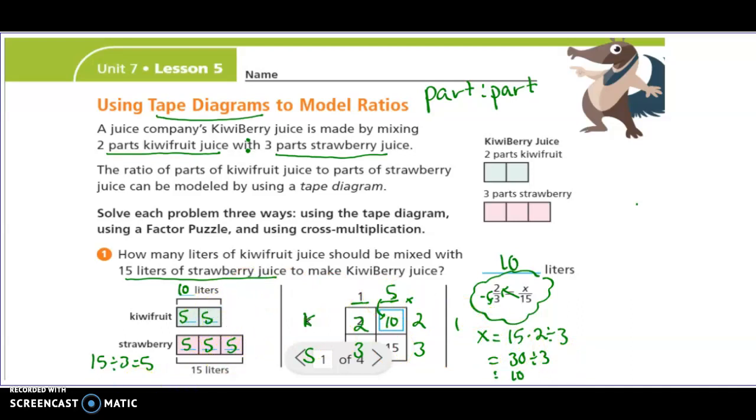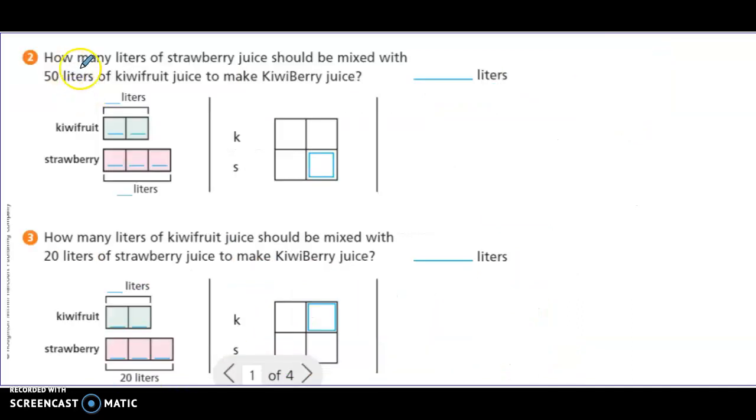We'll do another example. Okay, how many liters of strawberry juice should be mixed with 50 liters of kiwi fruit juice to make kiwi berry juice? Okay, so here each example is going to take a little bit away from each of our clues. It's still the same ratio of 2 to 3 when it comes to kiwi to strawberry.